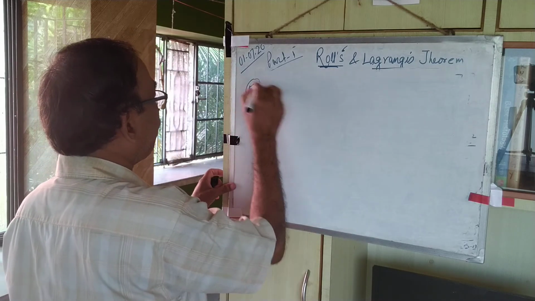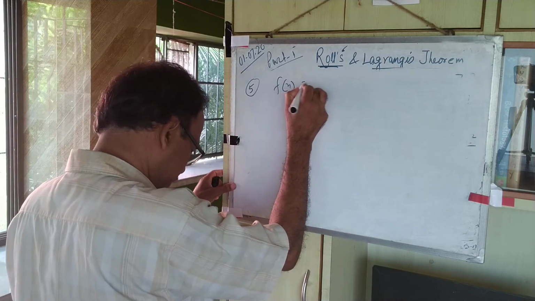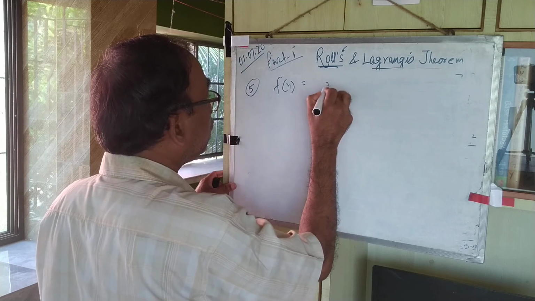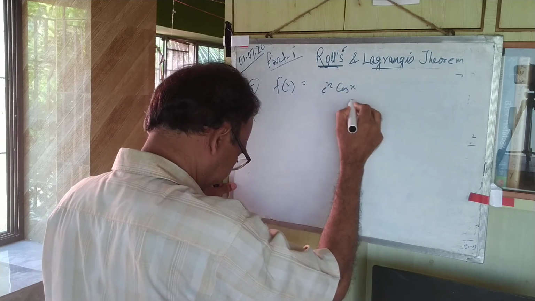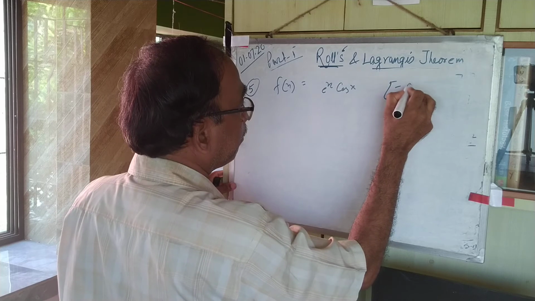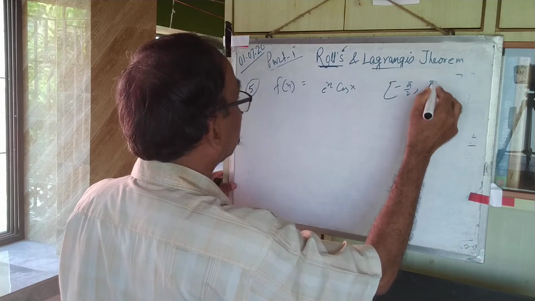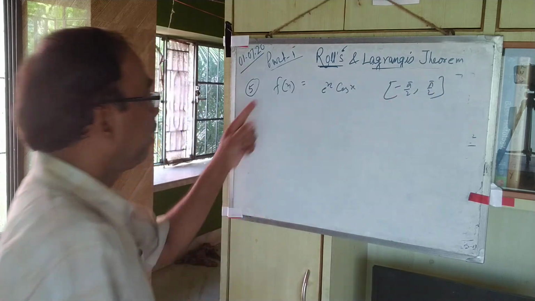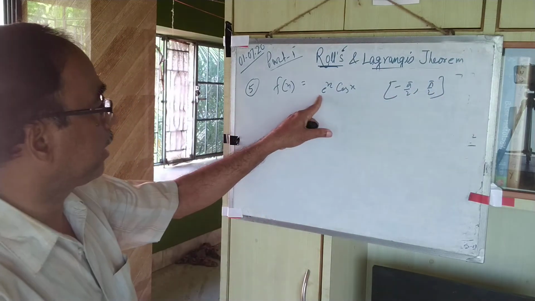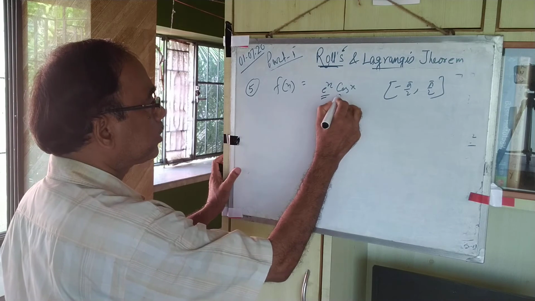Here f(x) equals e to the power x cos x in the interval minus pi by 2 to pi by 2. Here f(x) is a continuous function, as it is an exponential function and a trigonometric function.